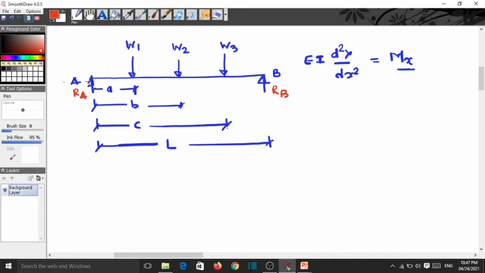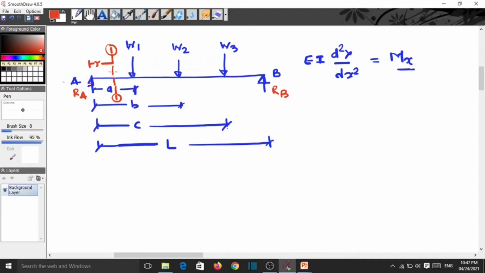So in between this load we have to make one section. This is called section 1-1, and this is the x distance. In Macaulay's method, we generally write the bending moment equation from the left side. Start the bending moment equation from the left support and complete towards the right.